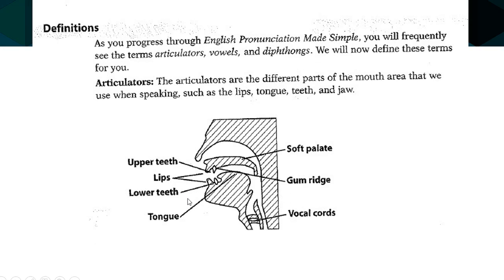It says definitions. As you progress through English Pronunciation Made Simple, you will frequently see the terms articulators, vowels, and diphthongs. We are going to study diphthongs at the end of the semester if we have time. We will now define these terms for you. Articulators: the articulators are the different parts of the mouth area that we use when speaking, such as the lips, tongue, teeth, and jaw.